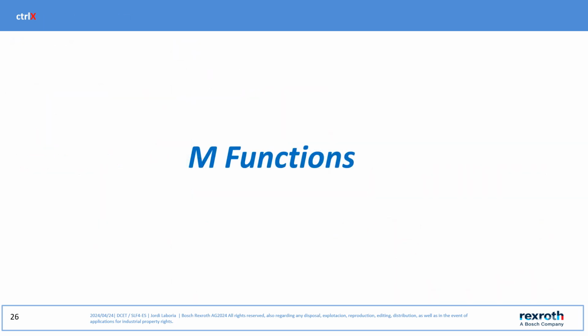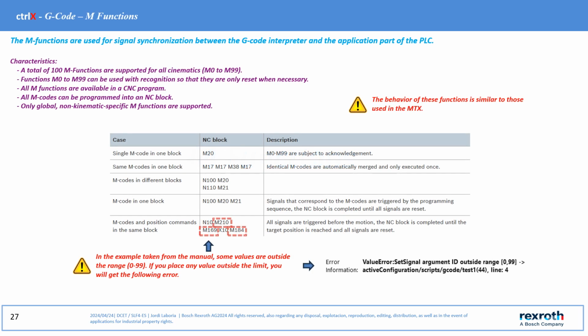M functions. The M functions are used for signal synchronization between the G-code interpreter and the application part of the PLC. A total of 100 M functions are supported. The M functions can be used with reconnection so that they can be reset when necessary.